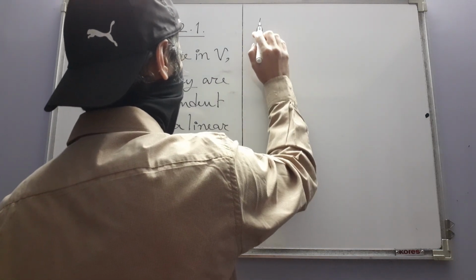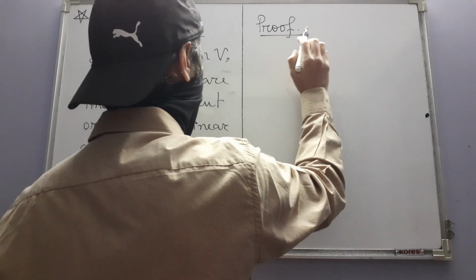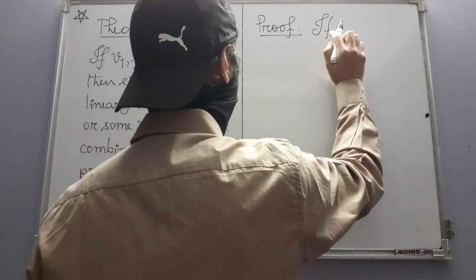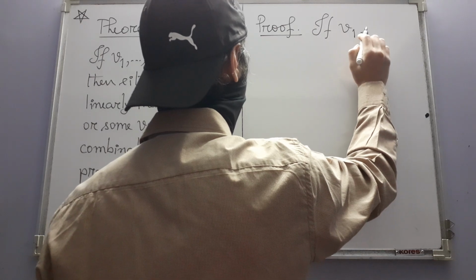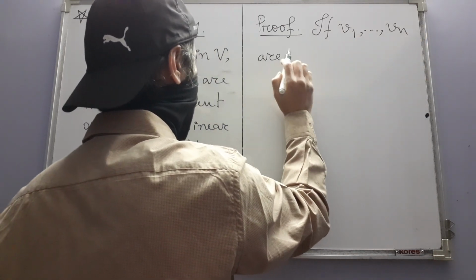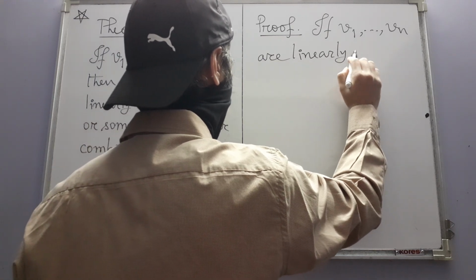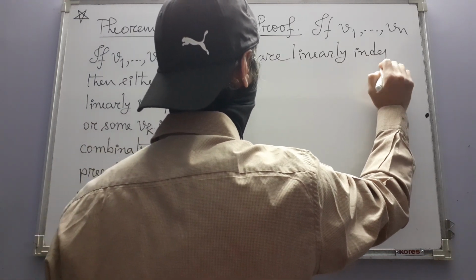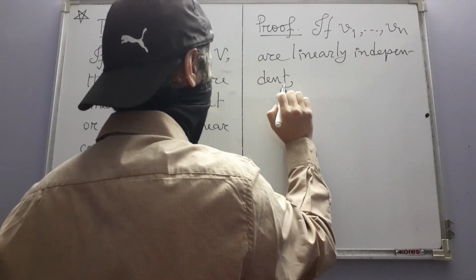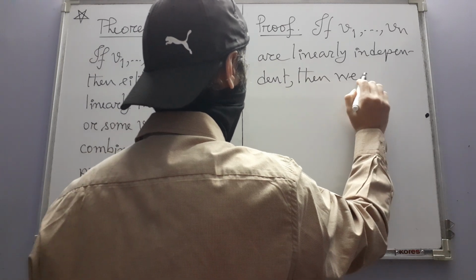Essentially, what the proof did is this. If the given vectors are linearly independent, then we are done.